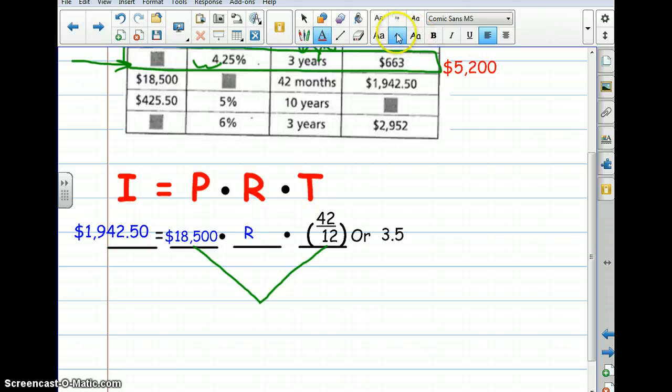And once you've done that, you should get a total of 64,750. Okay? And we still have the R, so it's still times R, times our rate, because we don't know what our rate is. And our $1,942.50, that's still there, so we're just going to rewrite that.